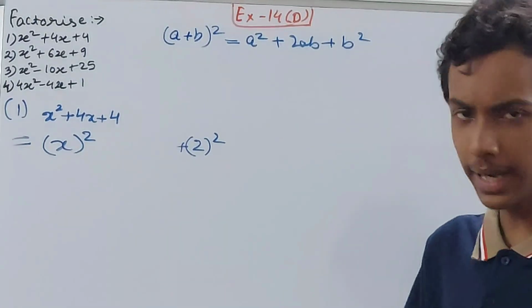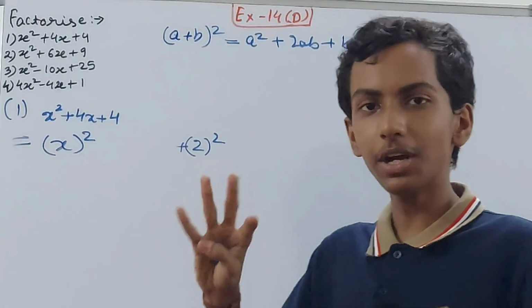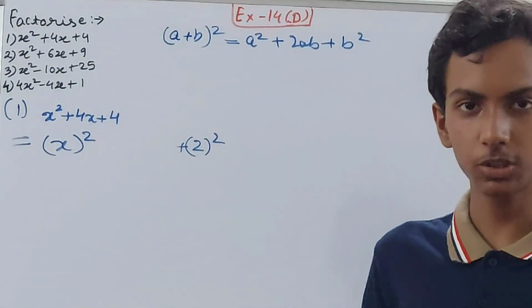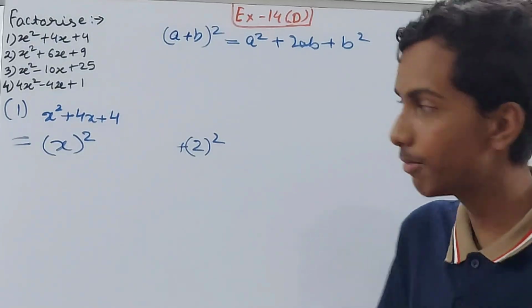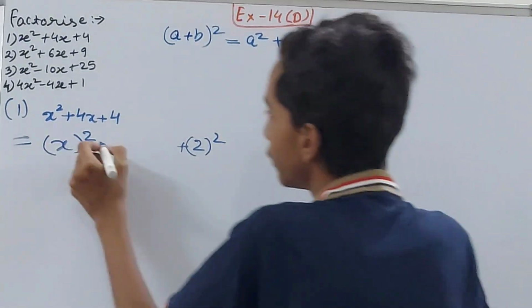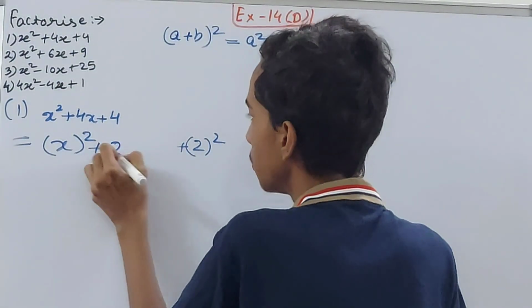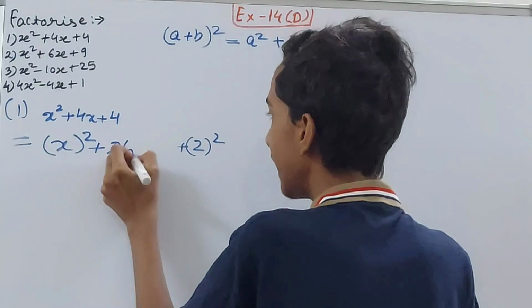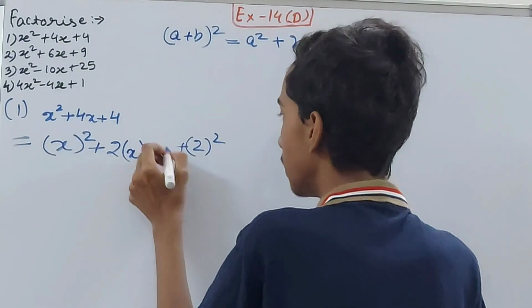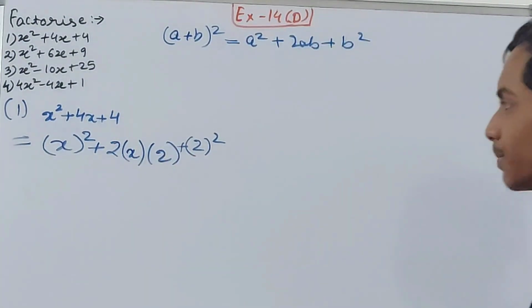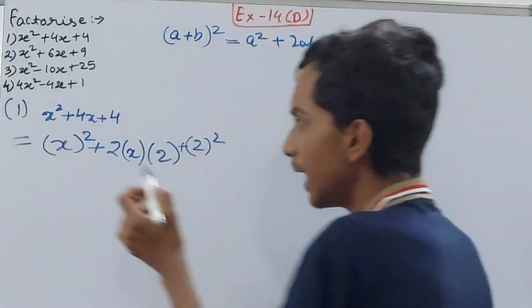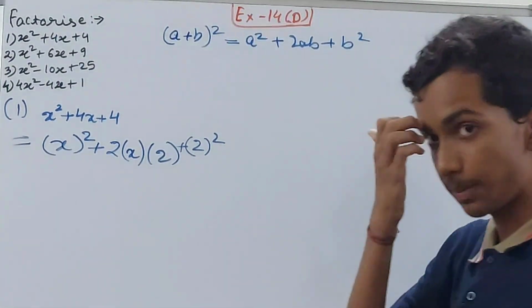Your middle term will not be a perfect square. That's why it's called the middle term, which represents 2ab. So plus 2 into a is x and b is 2. Now we have simplified this expression and we know the a and the b of this expression.